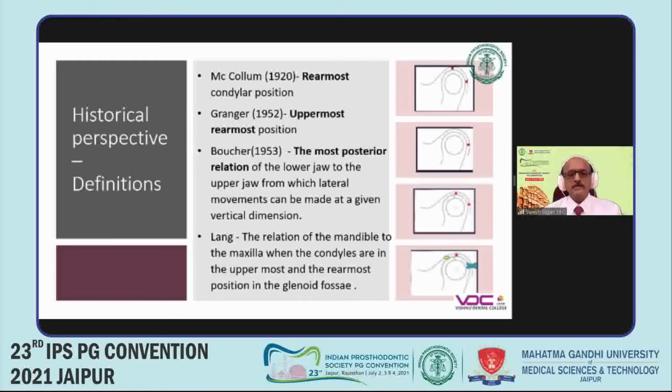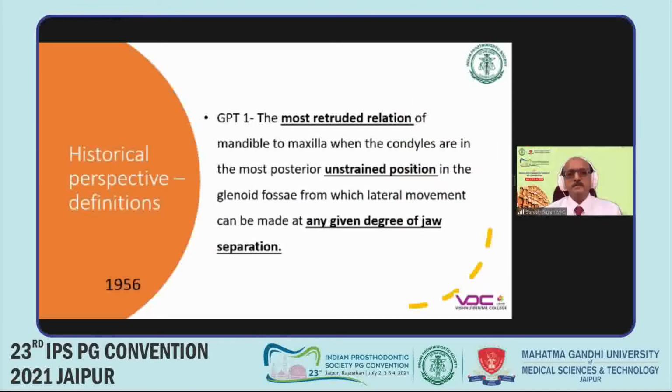So they were all saying it was a most retruded position. So when the GPT came, the first definition said it is the most retruded relation of the mandible. And they were all very critical that it should be an unstrained position, meaning you should not push the mandible back because it is a retruded position.